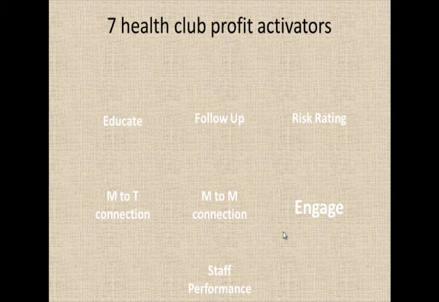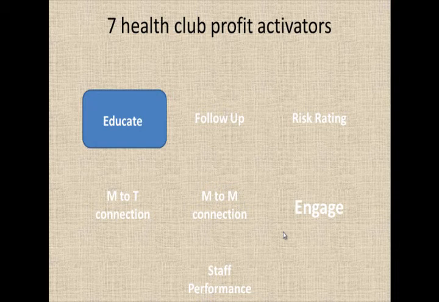So let's turn our focus now to what we can do to proactively start to improve retention. We're going to look at some health club profit activators. We'll go through each of these in detail in a moment. The first one is educate.